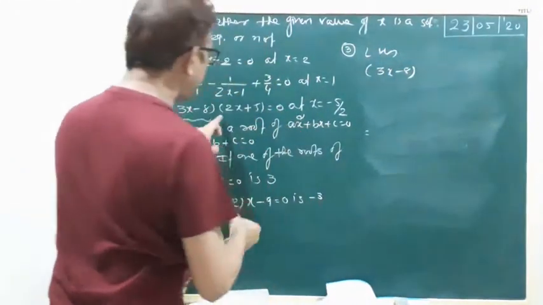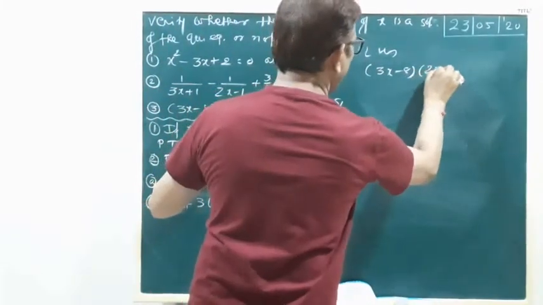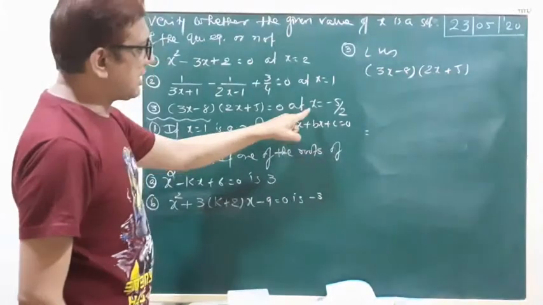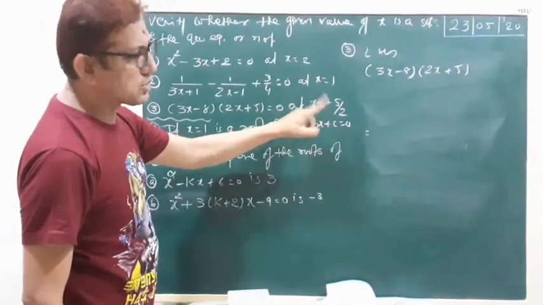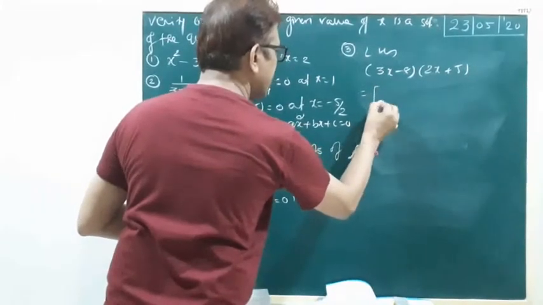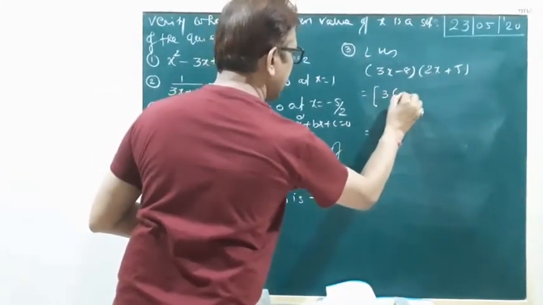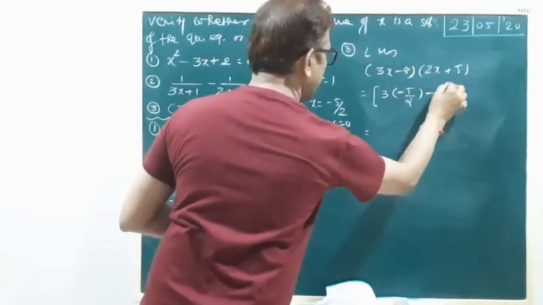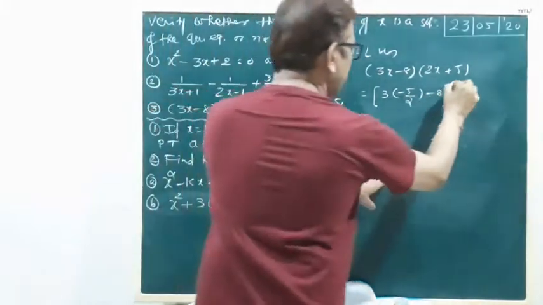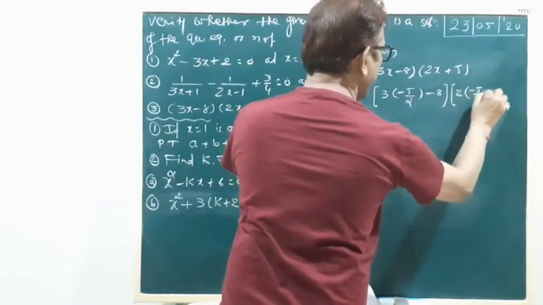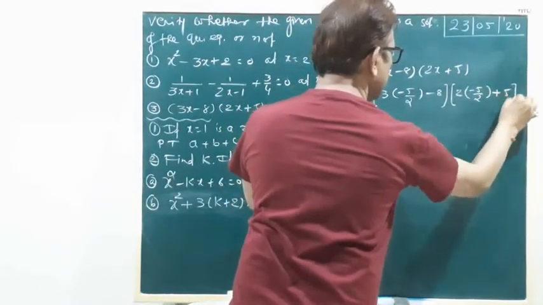The LHS is 3x minus 8 and 2x plus 5. Now we have x equal to minus 5 by 2. Put x equal to minus 5 by 2: 3 into minus 5 by 2 minus 8, and 2 into minus 5 by 2 plus 5.